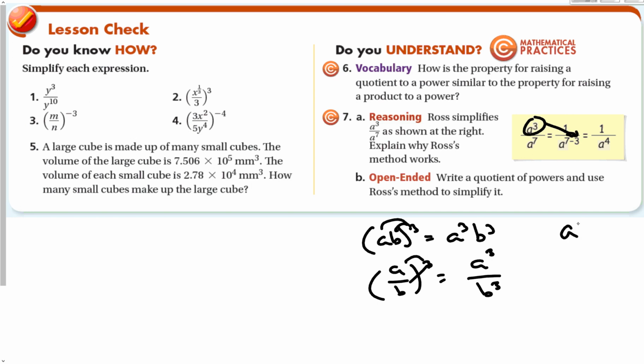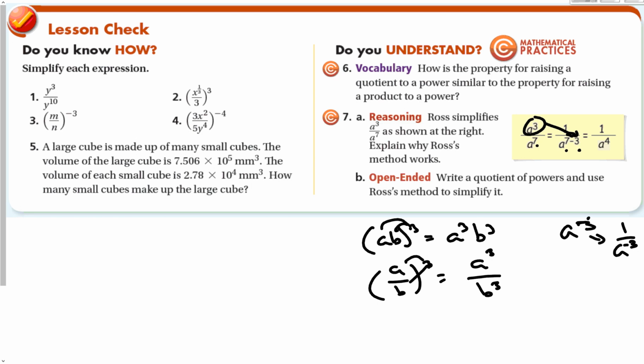So basically what you're doing is you're taking this a to the third, you're bringing it to the bottom of a fraction, and you're changing the sign. So now you're adding these two exponents together. Different way to kind of look at this, but it still can work, and you're actually bringing the smaller exponent down to the bigger one, which is a useful technique.